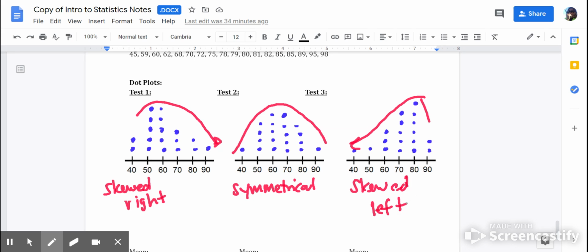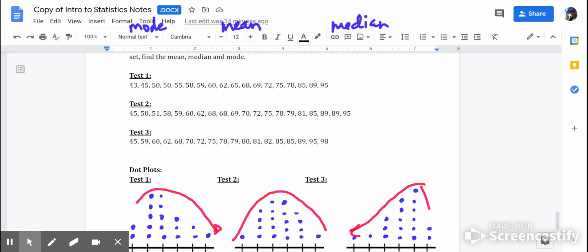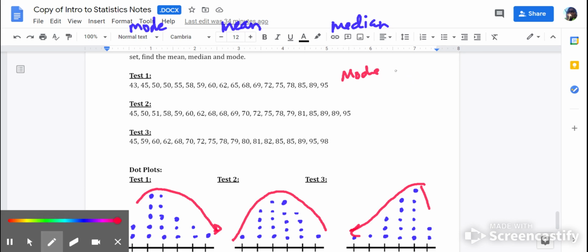Now, it's also asking me to find the mean, median, and mode of each of these, so I have to go back into the original data set. I'm looking back at these numbers that were given here. To find the mode of each of these is pretty simple. I just want to look in data set 1 and say, okay, what number is happening the most? The mode for test 1 is going to be 50.